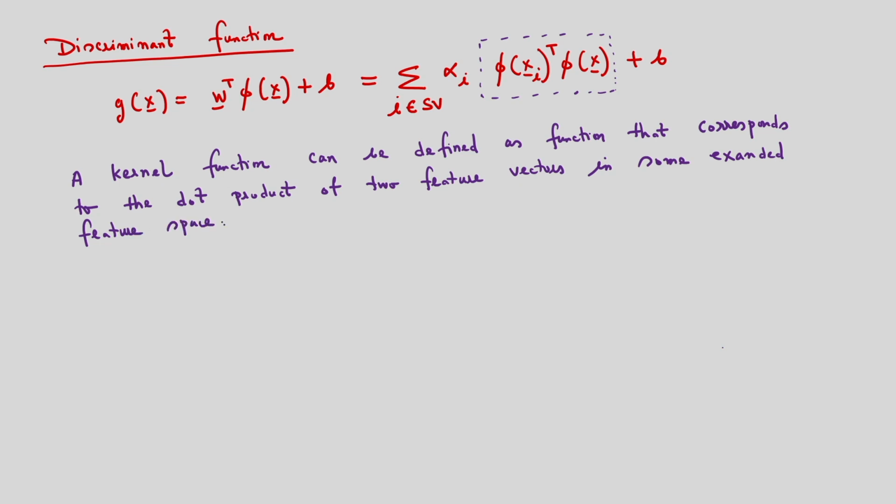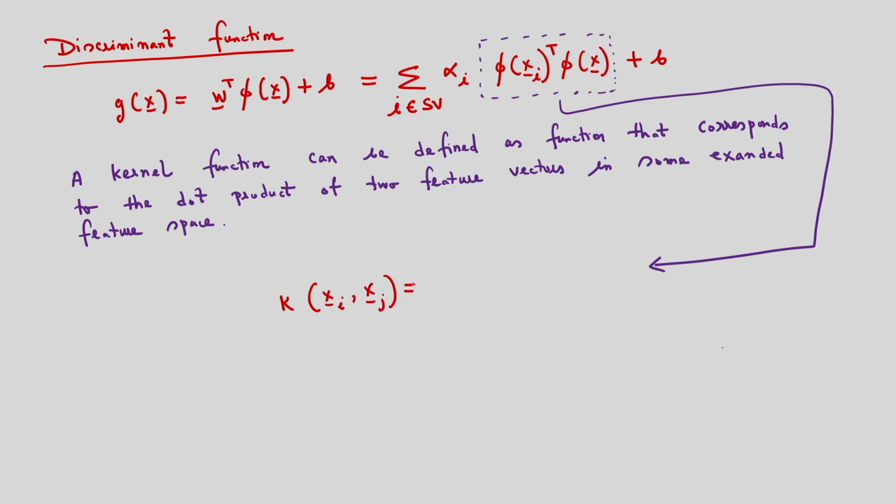So to consider this, we are defining a kernel function. What is the kernel function? The kernel function k(xi, xj) is nothing but phi(xi) transpose phi(xj).